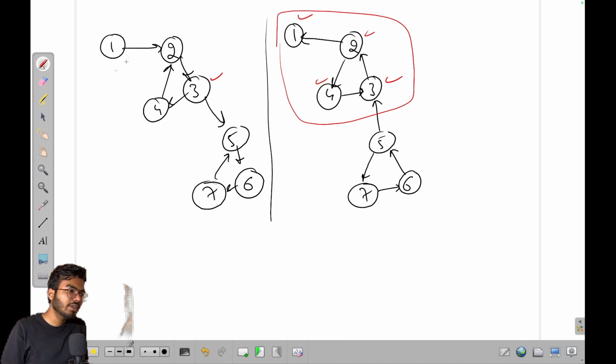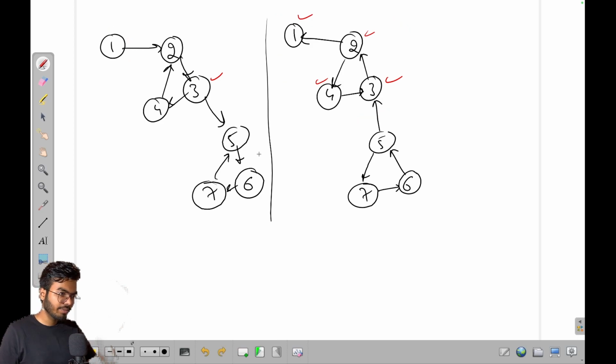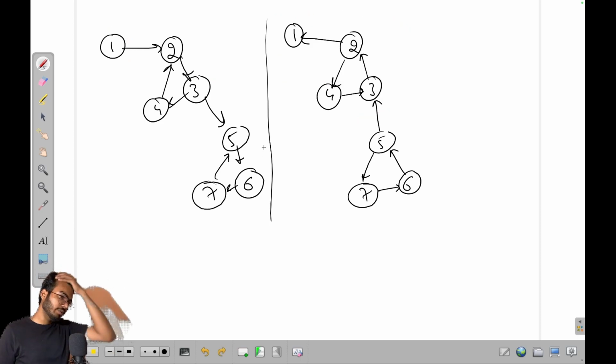You should have visited 1 and said that 1 is already a separate strongly connected component from this graph, and you will realize that you can't actually visit 1 from this in the original graph. So your approach is actually wrong. You can't start from any node that you want. So what should be the correct traversal order?